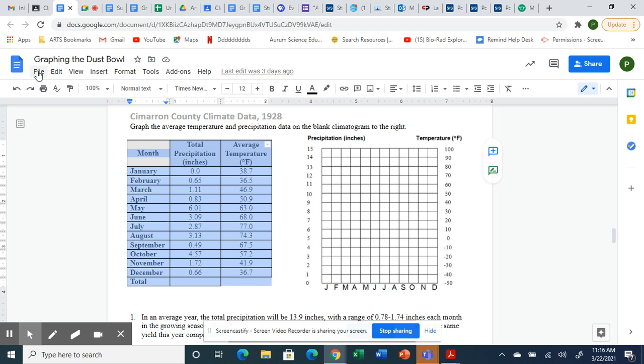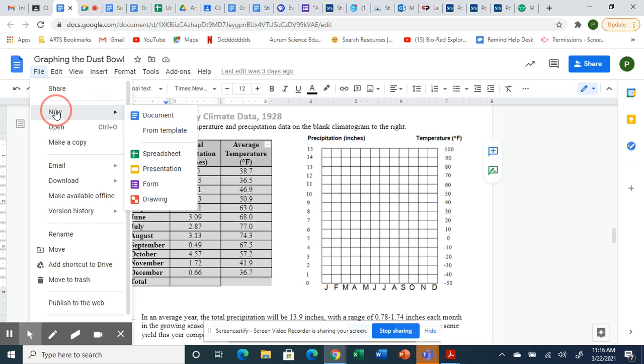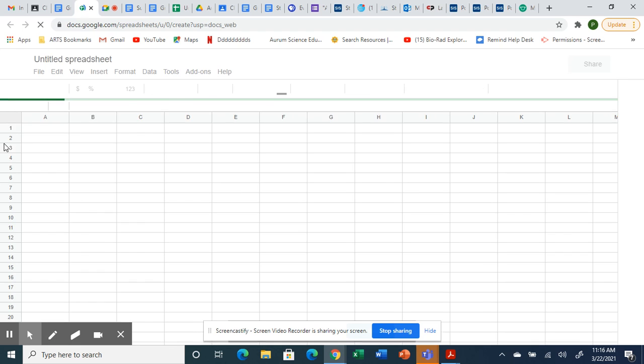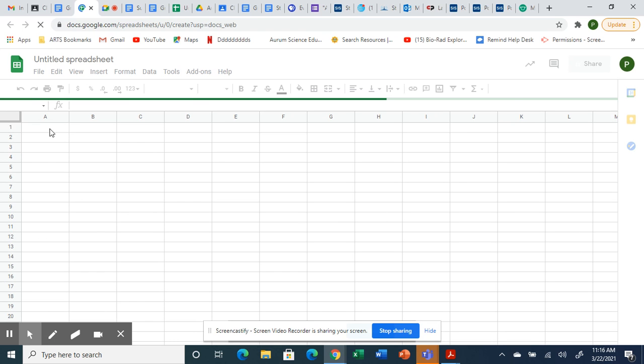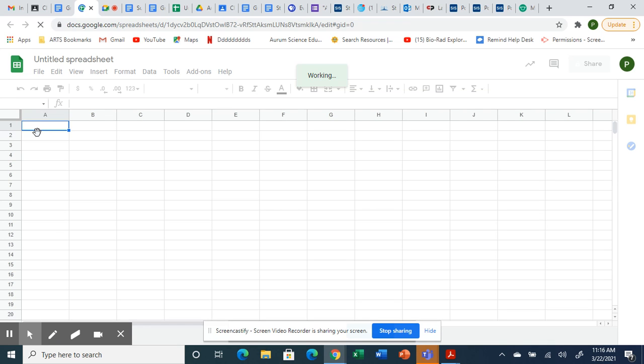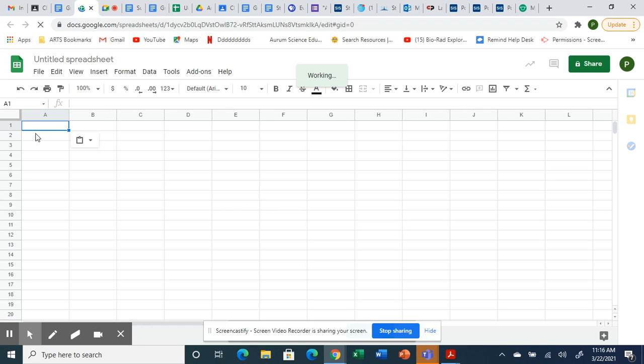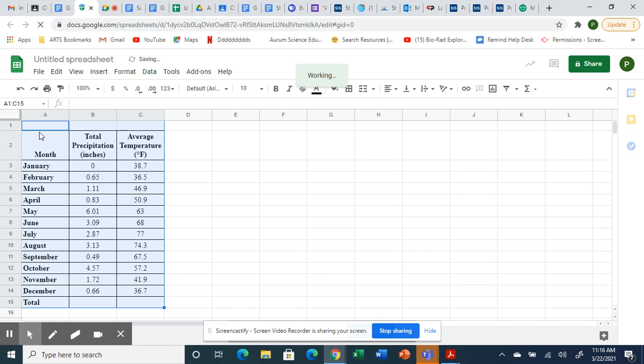Come on in. And then we did file, new spreadsheet, just to show you. We clicked on the first cell and did a control V, or a paste, and it gives you all that information. What you're instructed to do is to create a chart.